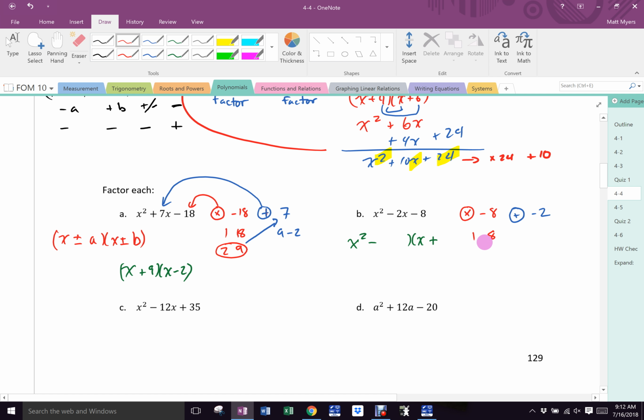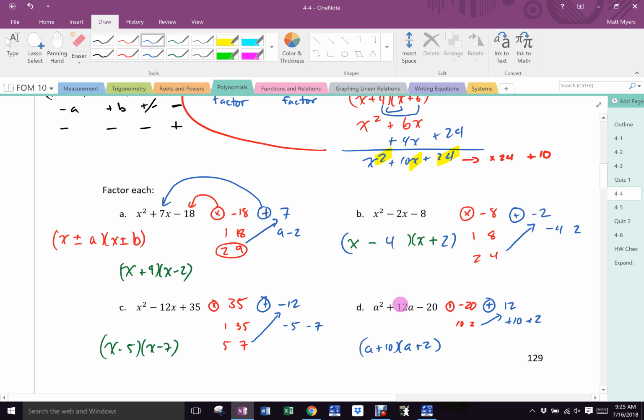No, because negative 2 and 10 won't make 12. So what do you do when this happens? It's very simple. This does not factor. There is no way to factor it.